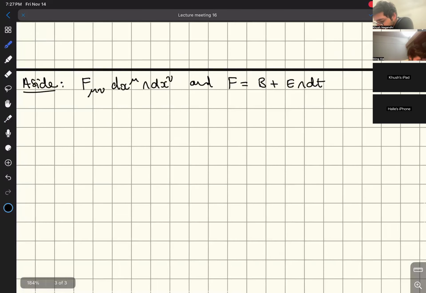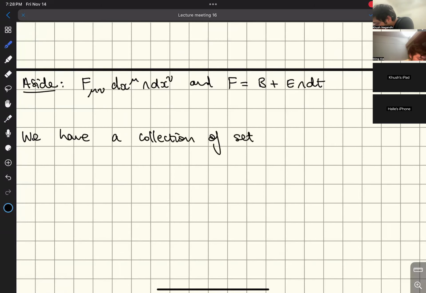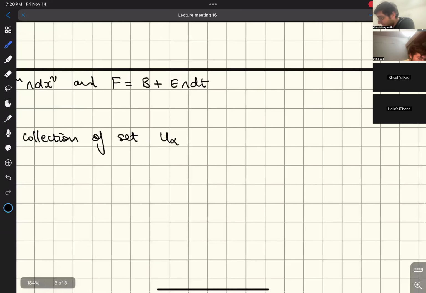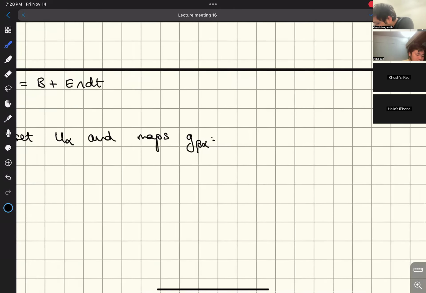So we have a collection of sets that we'll call U alpha and maps G beta alpha from U alpha intersect U beta into some Lie group. Okay, so G here is some Lie group.